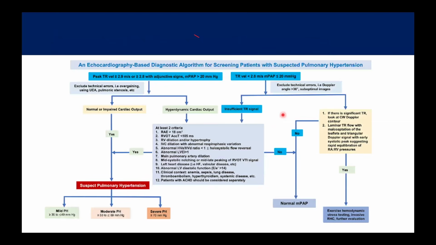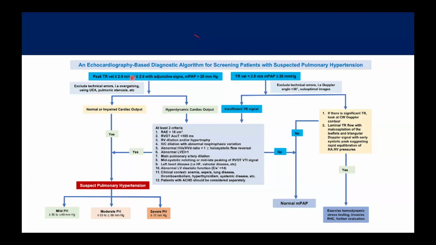And so this is from the guidelines directly as an algorithm that can be used. If you have a patient with a TR velocity of at least 2.9 meters per second, they're concerning for pulmonary hypertension, and so you should look at your cardiac output here and suspect pulmonary hypertension.